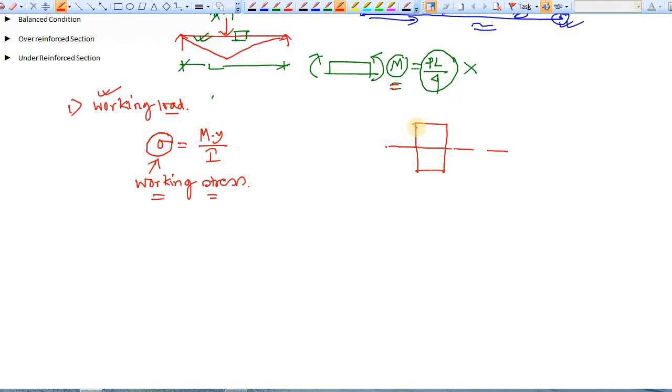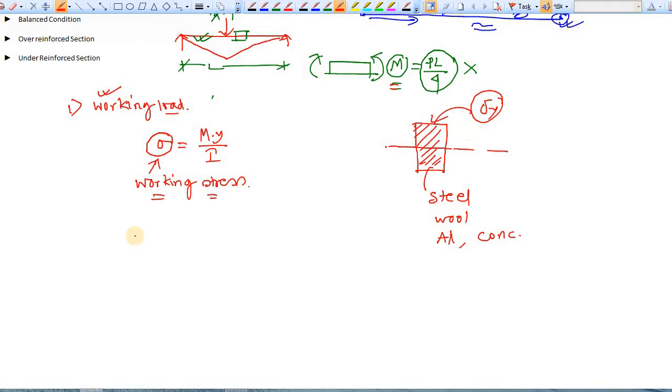Of course, to make this cross section you have to use some material. Let's say this is steel or wood, or aluminium, or concrete, whatever it is. It has some yield stress, sigma y, and this yield stress is the limit after which it cannot take any further load.